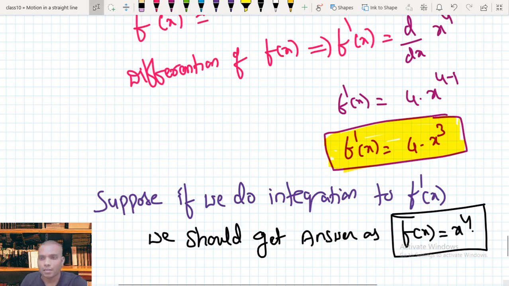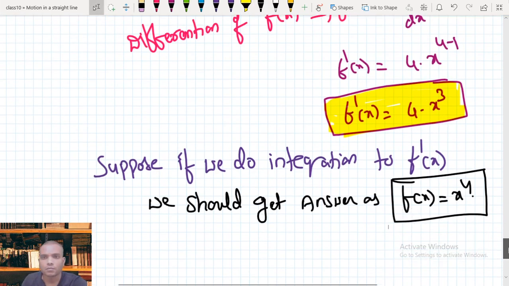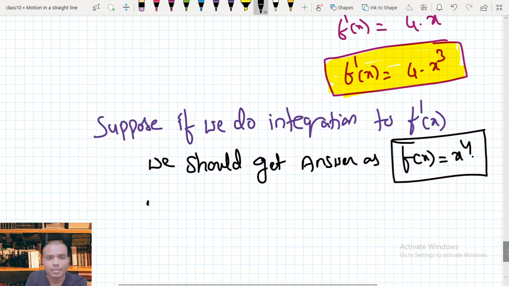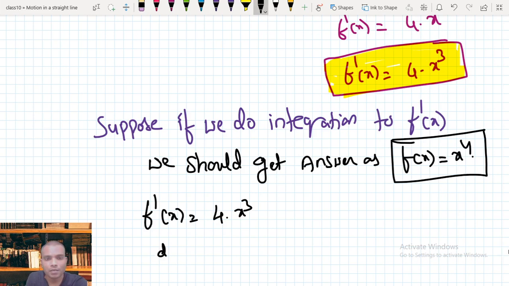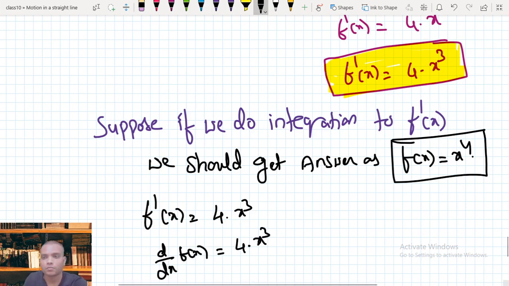Now this is my f dash x, which equals 4 times x cube. How are we writing f dash x? f dash x is nothing but d by dx of f of x. That is the meaning of f dash x, 4 times x cube.